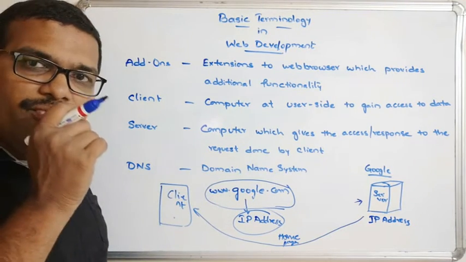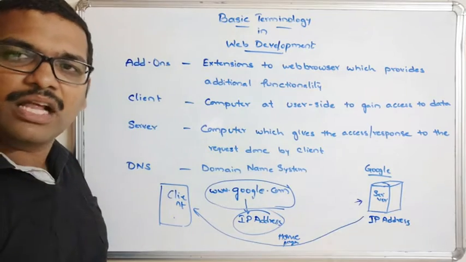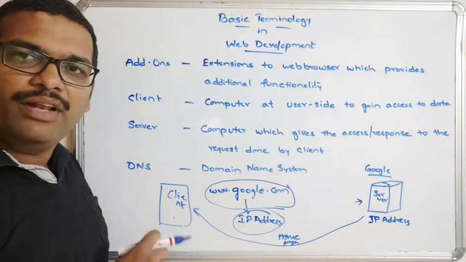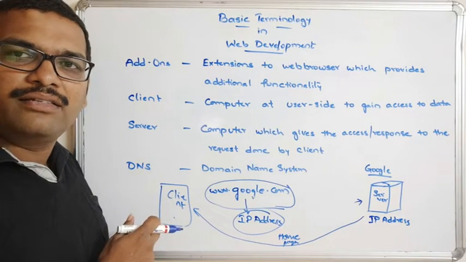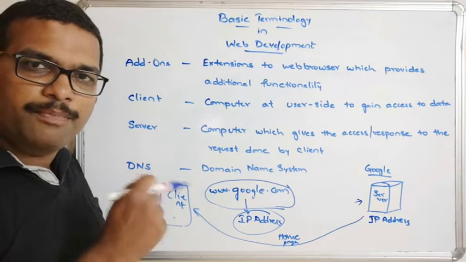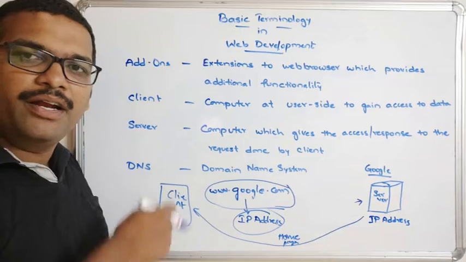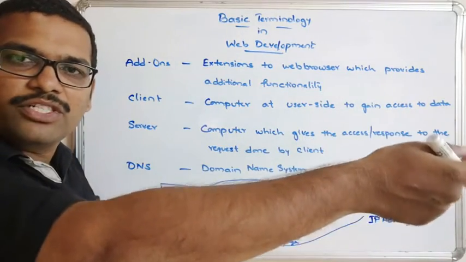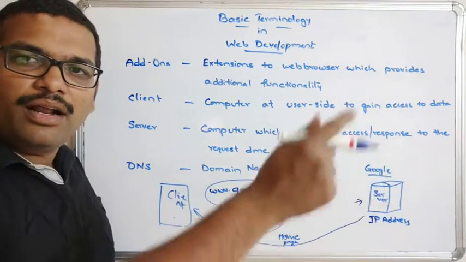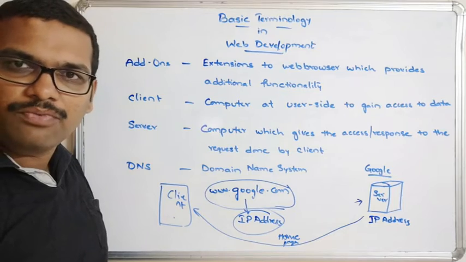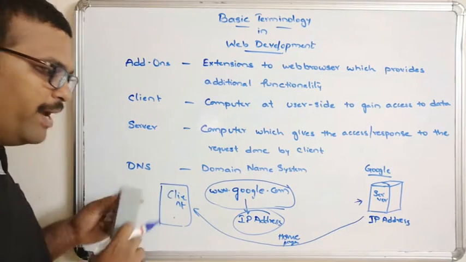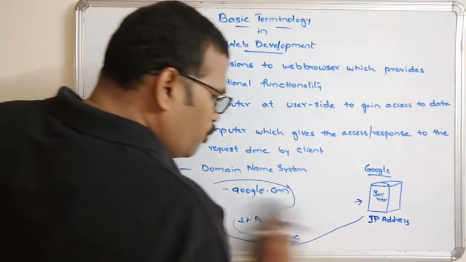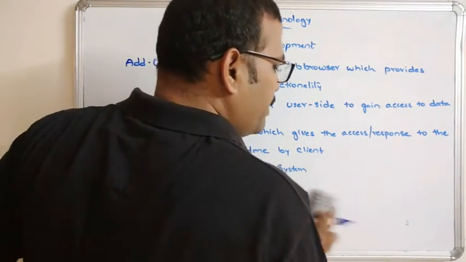For every website there will be a server, and the complete data will be maintained in that server. Whenever you enter a website, it immediately sends a request to that server and gets a response from it. So that is called client server and the DNS. DNS means domain name system, which converts the URL to an IP address.